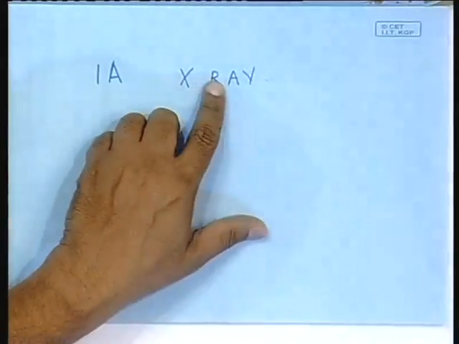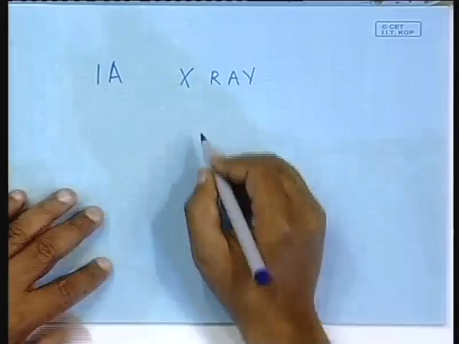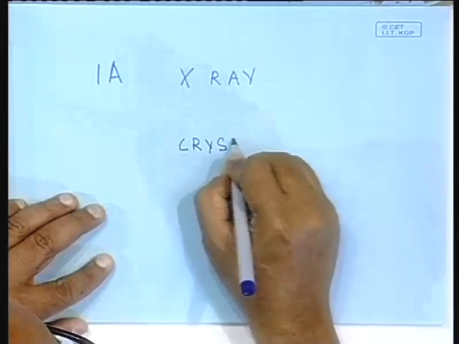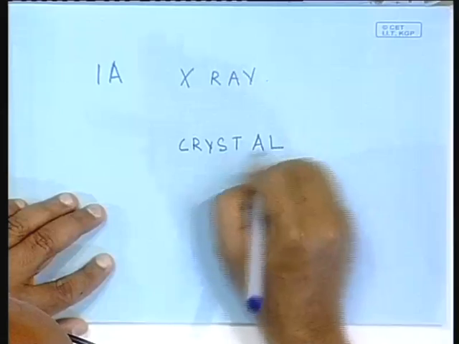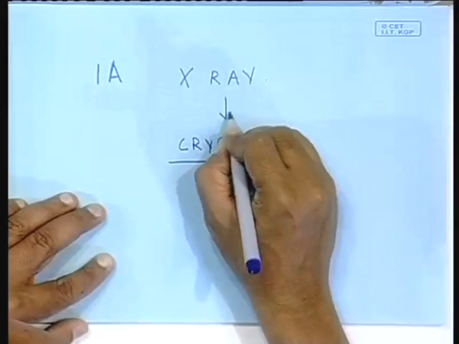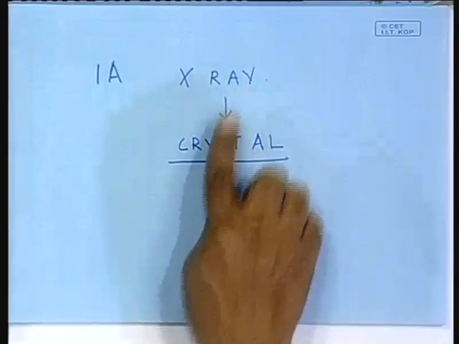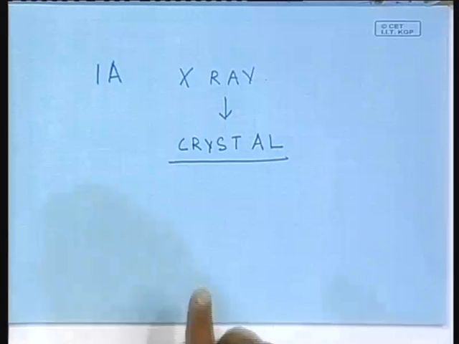Now, X-ray we know exhibits diffraction when it is incident on a crystal. So, when X-ray is incident on a crystal, which is what has also been used in the Compton effect to study the spectrum of the X-ray, it exhibits a diffraction pattern, and the maxima occur whenever 2d sin theta is equal to m lambda.